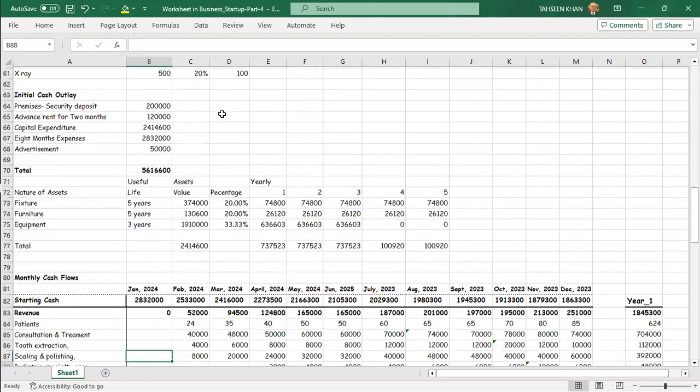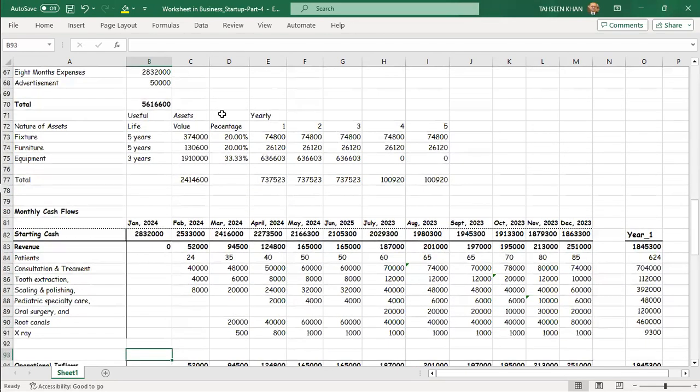Now here we are going to develop the cash flows for our business. Starting cash: here we have the figure for the starting cash. Starting cash means 8 months expenses that you have kept with you as the running finance for your business.